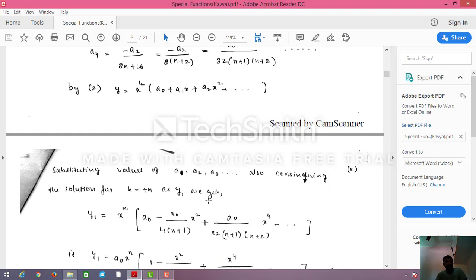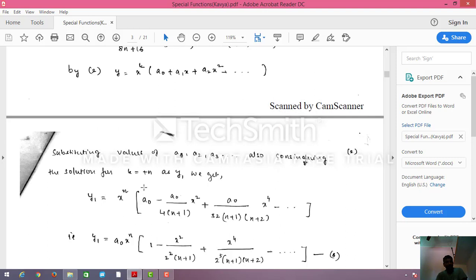Similarly, k equal to minus n is also there. For k equal to plus n, you get x power n into a0, minus a0 divided by this is the a1 value... this is a0, this is the a2 value, this is the a4 value, and so on.